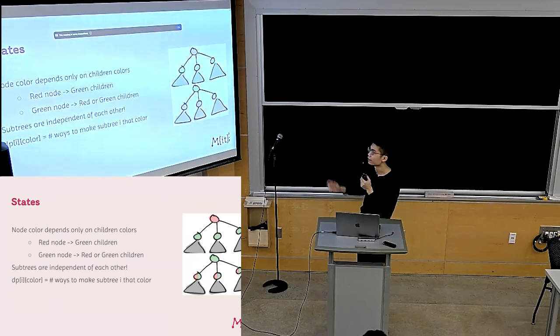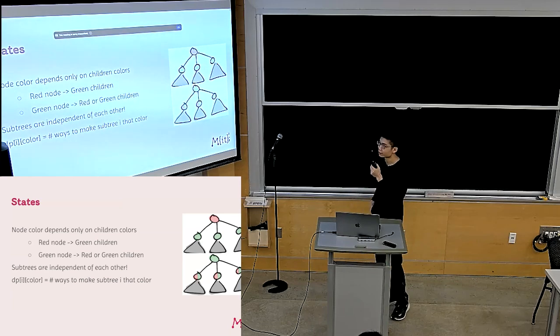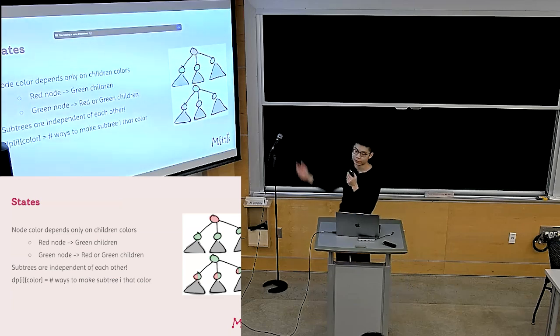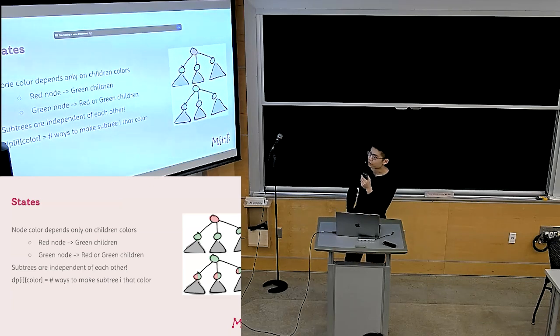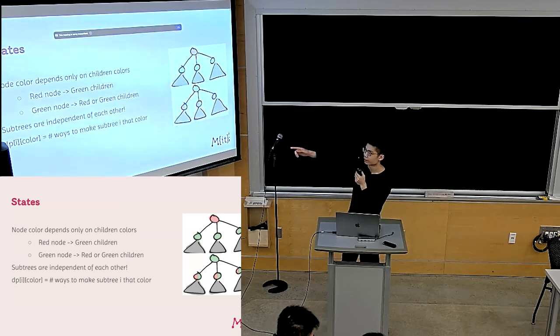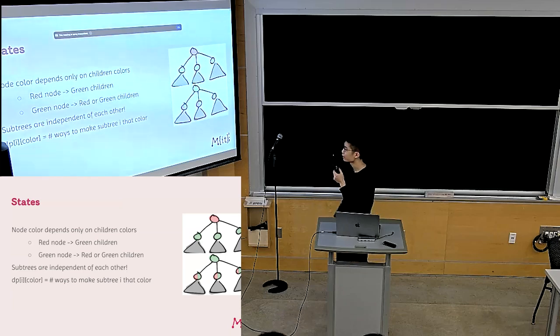Let's say it's red, then each of its children must be green. Does everyone see why? Yeah, it's because if they're red, then we would violate the condition of two reds next to each other. But if we have a green at the top, then we have no restriction. So they can be either red or green, and that's why you have a red-green double coloring on those nodes. And so an important property here is that subtrees are independent of each other.